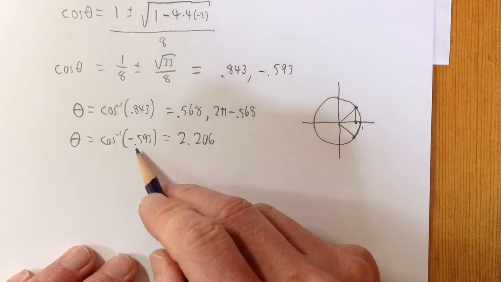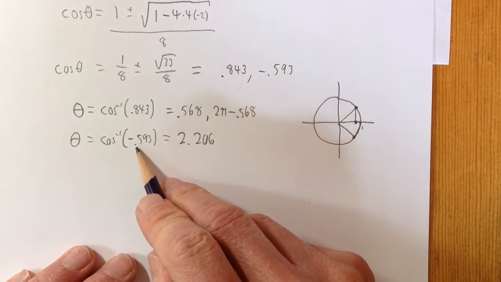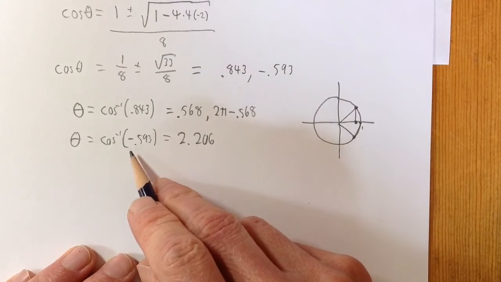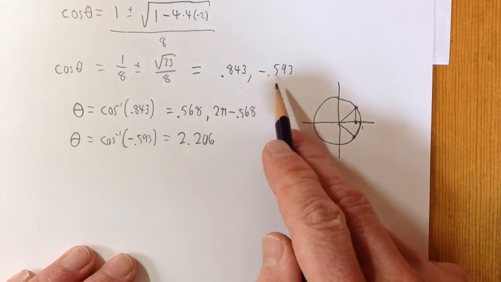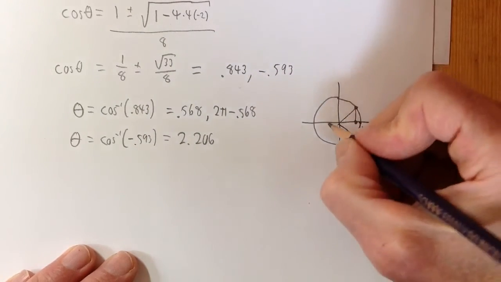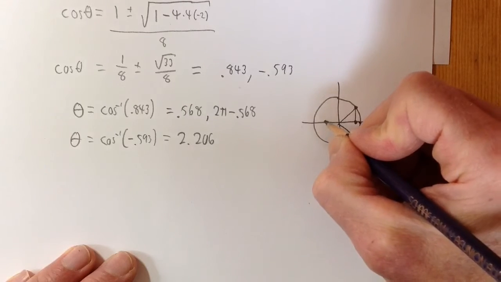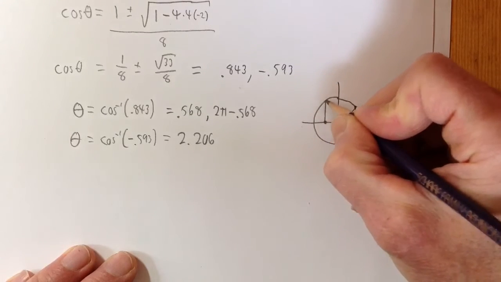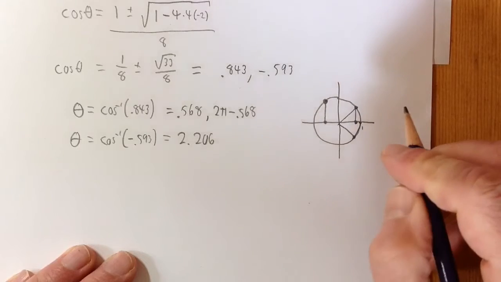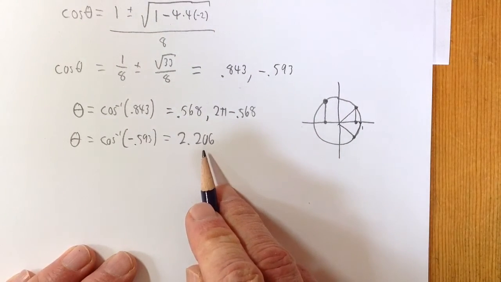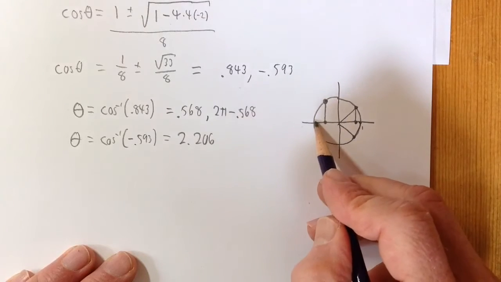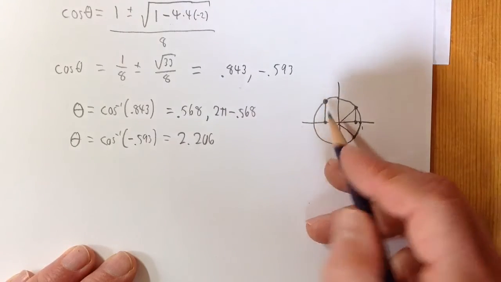Okay, the other one is when cosine of theta is negative 0.593. So the x value is about right here, right? So there's two answers there. There's this one, which is what the calculator gave us, 2.206, which is a little bit less than pi. Pi is 3.14, so it should be about here, which makes sense.